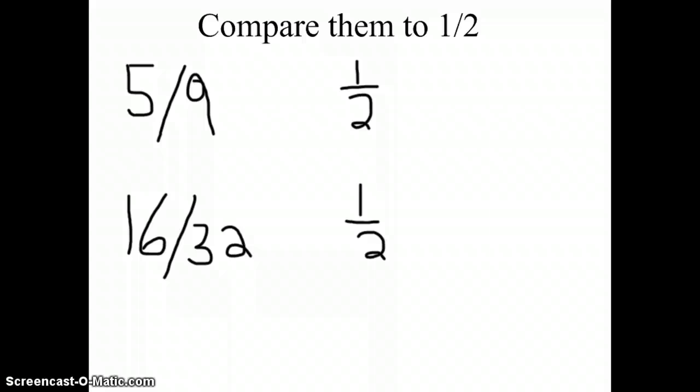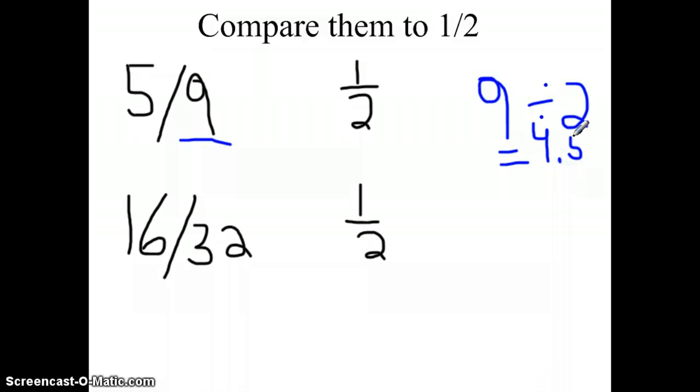So if we look at 5/9 and we try to figure out how that compares to 1/2, the way we could do that is say, well, what's half of 9? Well, if we actually found out what half of 9 is, 9 divided by 2, that actually equals 4.5.